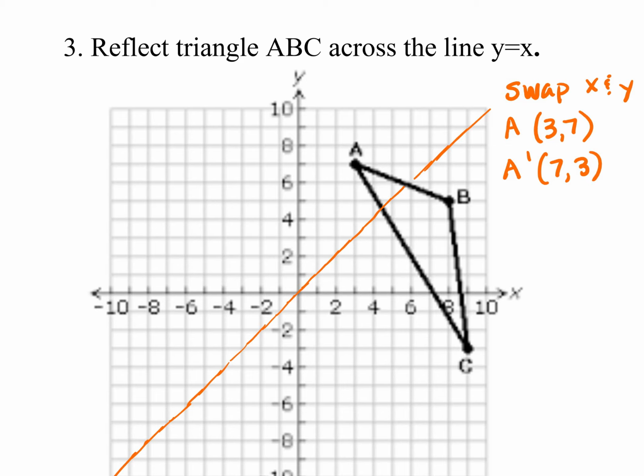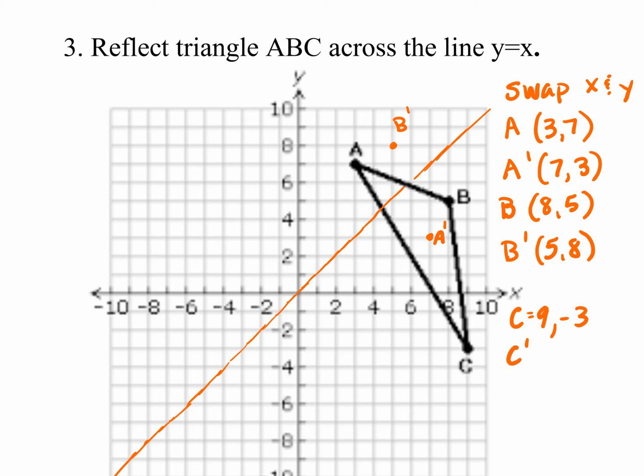So if B is 8, 5, then B prime is going to be 5, 8. And that goes right there. And C is 9, negative 3. So C prime is negative 3, 9.